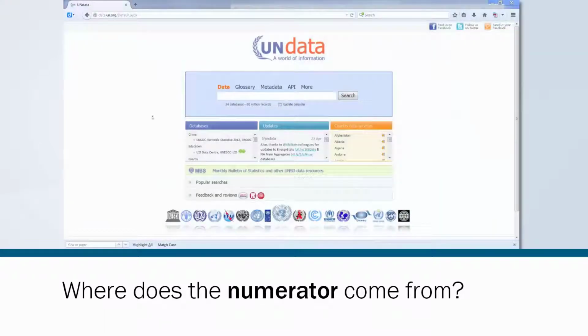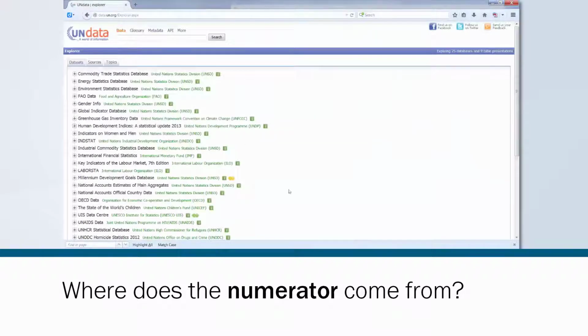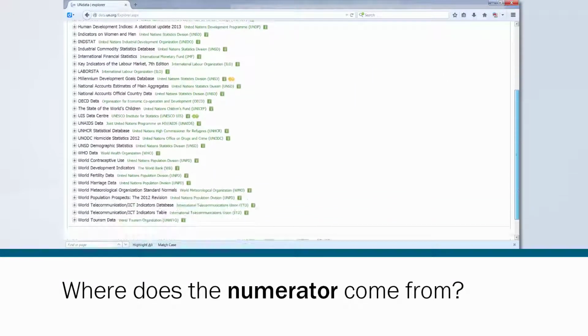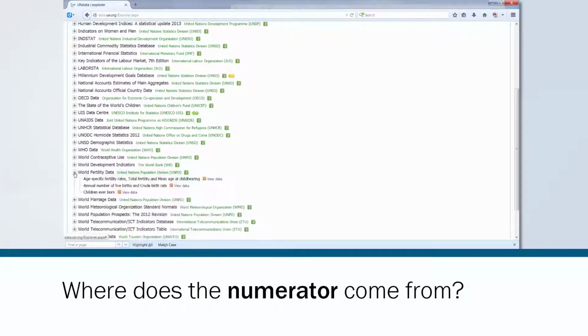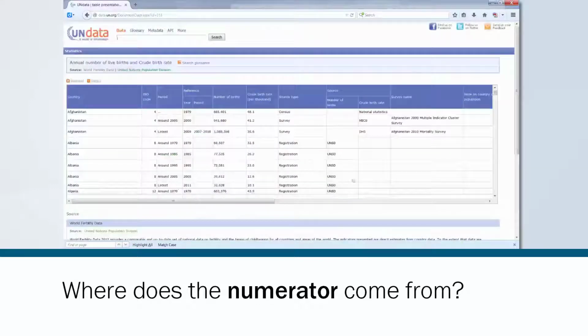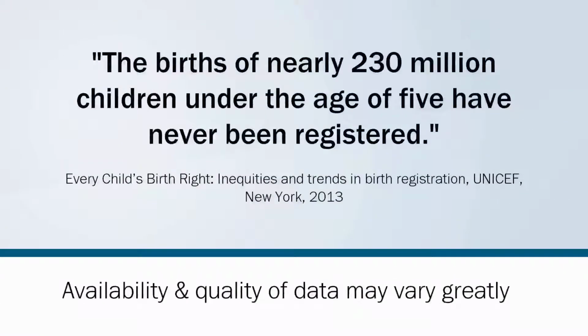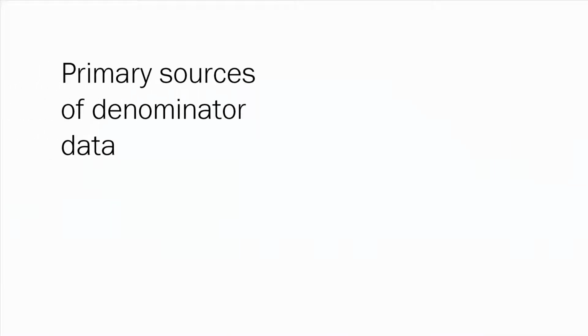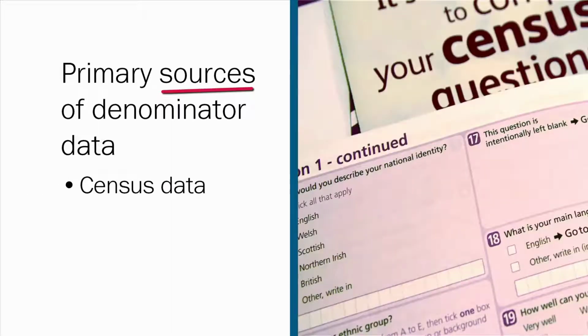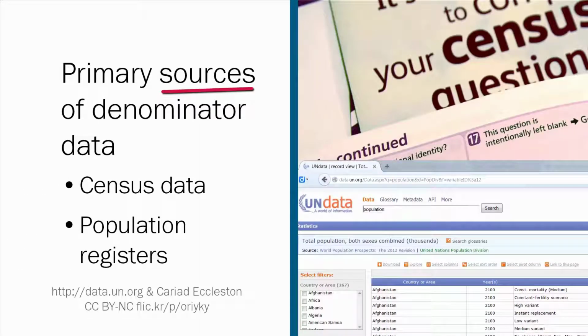Various sources of routinely collected data are available for use, for example, birth and death registrations, or through examination of a study population for the defined case. The availability and quality of data may vary greatly between countries and within countries.